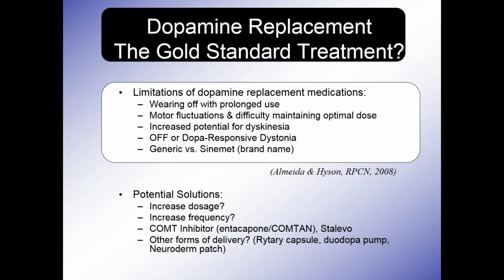Okay, so if we're thinking about limitations, we've already talked about the idea of wearing off, the potential for motor fluctuations, dyskinesia, and now in addition to that, we should talk about a couple of things that have popped up recently. One is this idea of dopa-responsive dystonia.